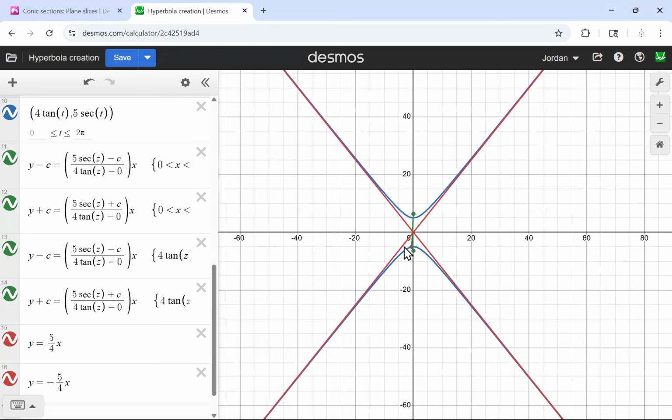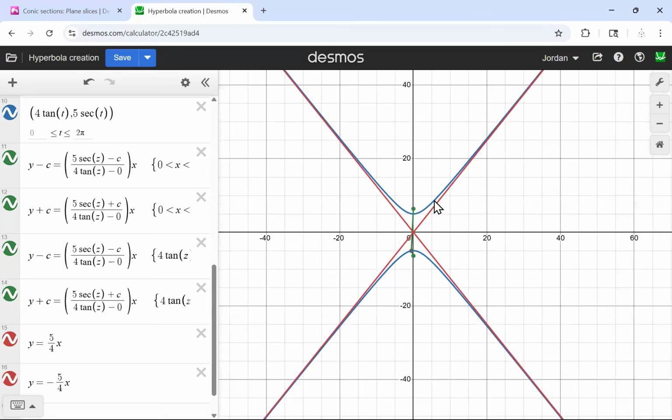So while it looks kind of parabolic right at the turn, that's just because it's turning there. And then as you go further and further out, it looks more like a line in each of these directions.